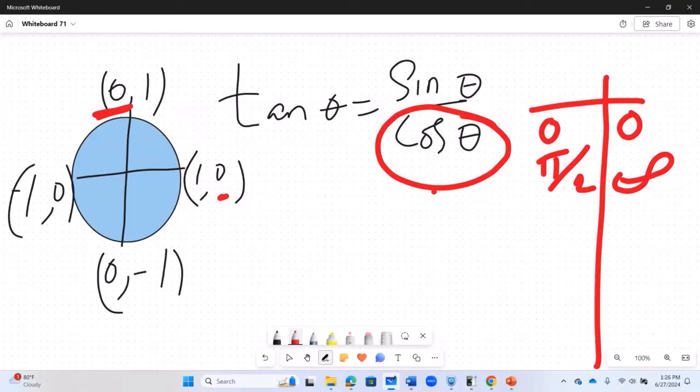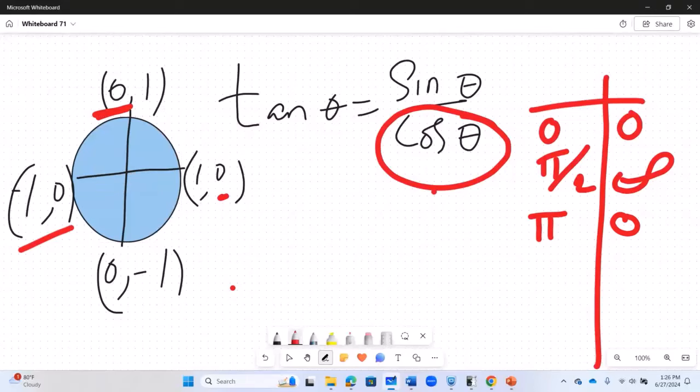Now let's go to 180. Tangent of 180 is 0 over negative 1. So 180 is pi. Talking about quadrantal angles, this is 0 also.